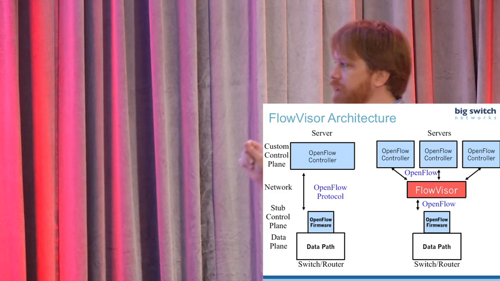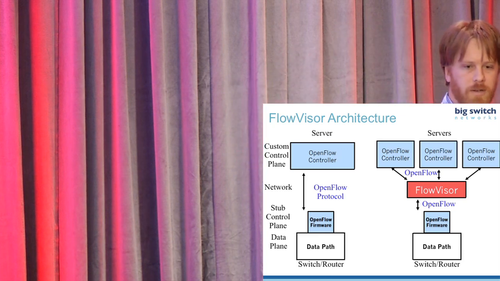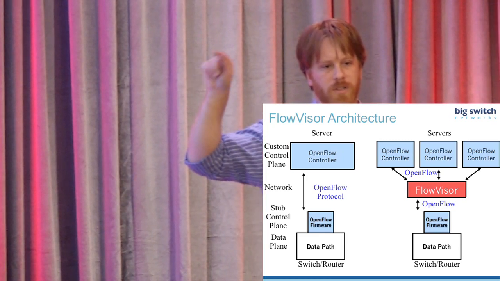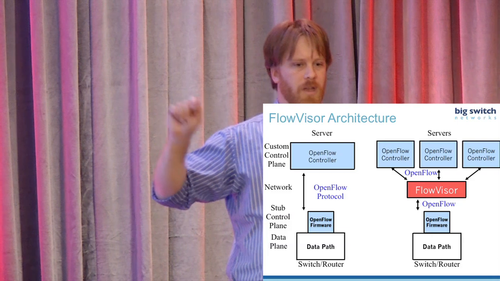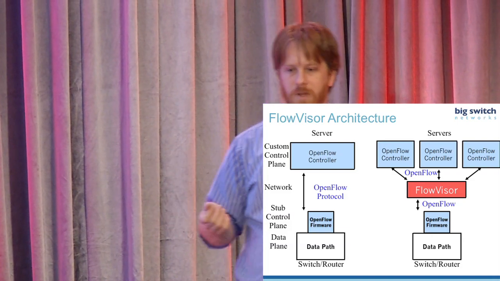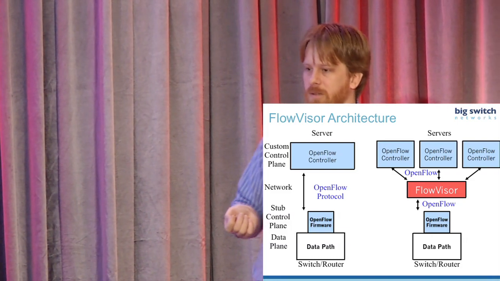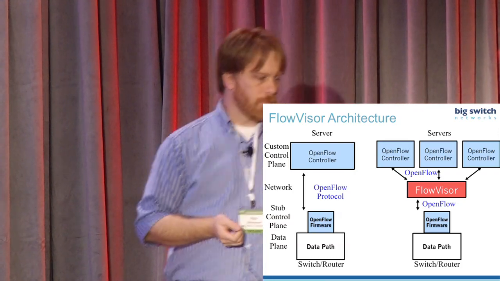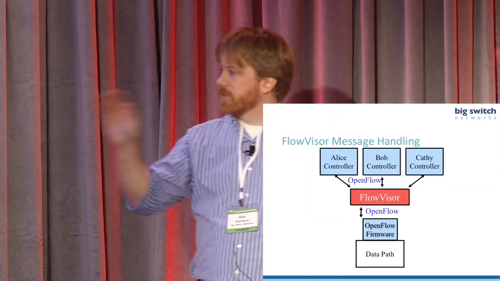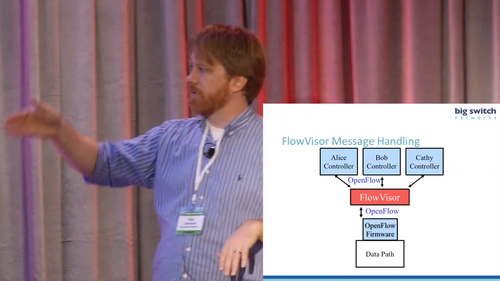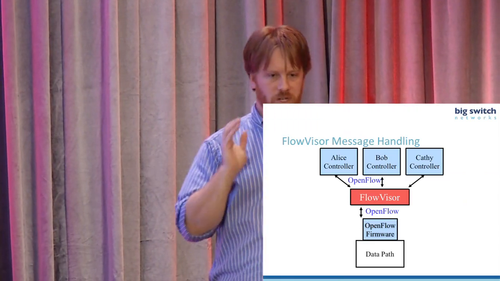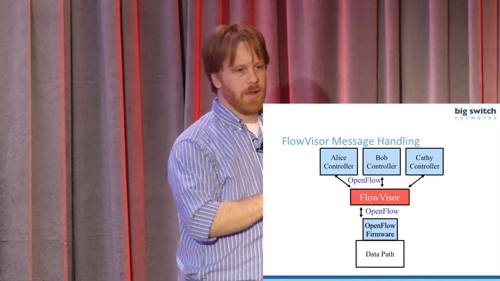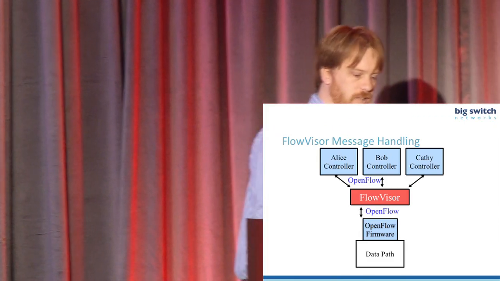As messages come down from controllers, the FlowVisor inspects them and potentially rewrites them or squashes them to ensure isolation. Let me delve into this a little bit more. Say we have three controllers managing just this one switch; we'll talk about multiple switches in a second.